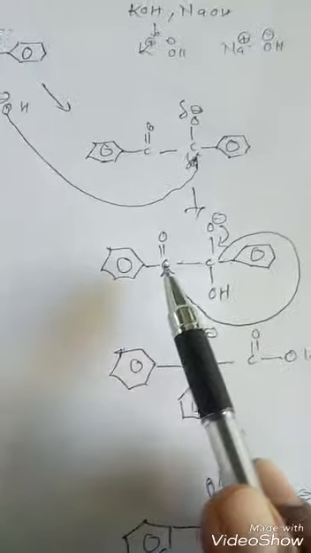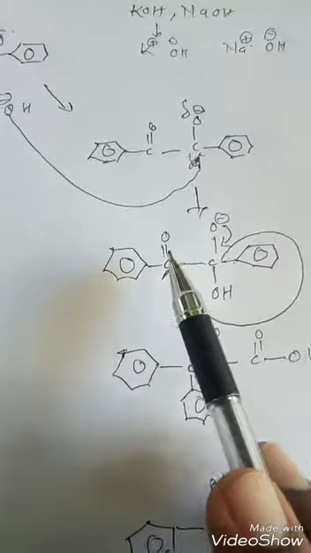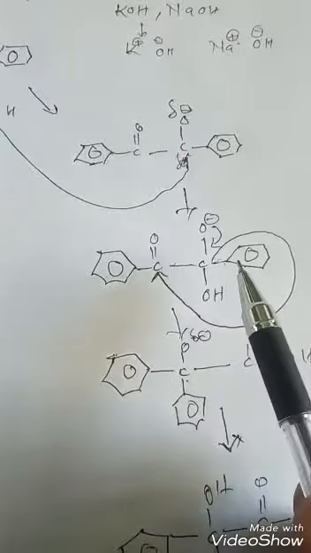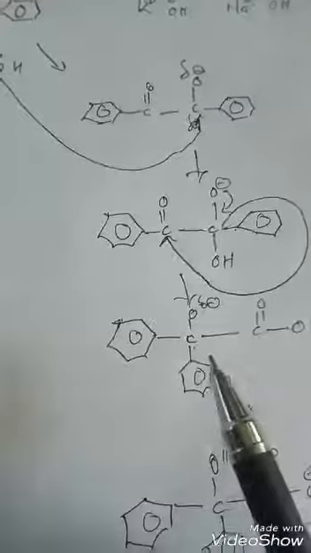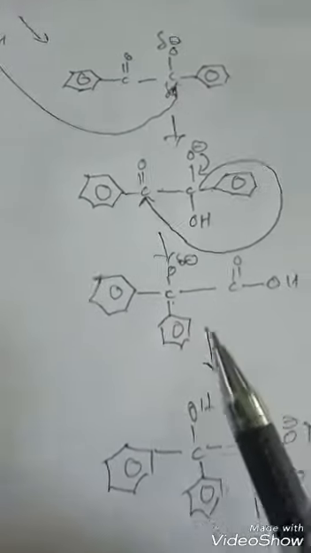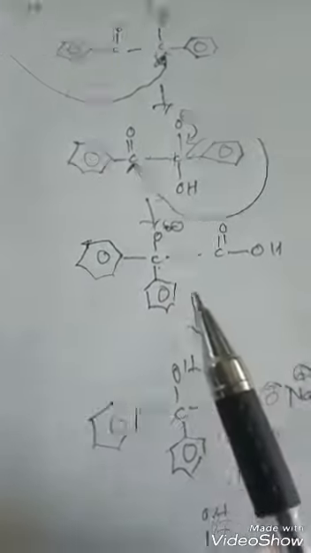The situation here is the same. This is polar, so again this C+ can form a carbocation, and the group will attach here. An oxyanion forms. This is the second oxyanion, and this is an unstable structure.